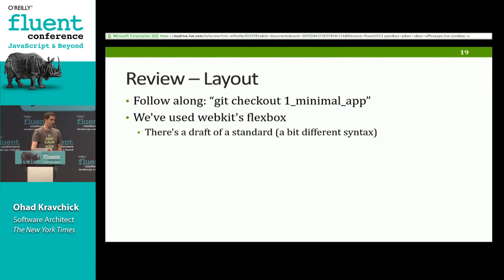So let's continue. We've used WebKit's Flexbox, which is an awesome tool. If you're building an app that's supposed to run on mobile devices, like Androids and iOSs, you're probably good to go. Windows 8 works. So you can use Flexbox now, if that's your target audience.